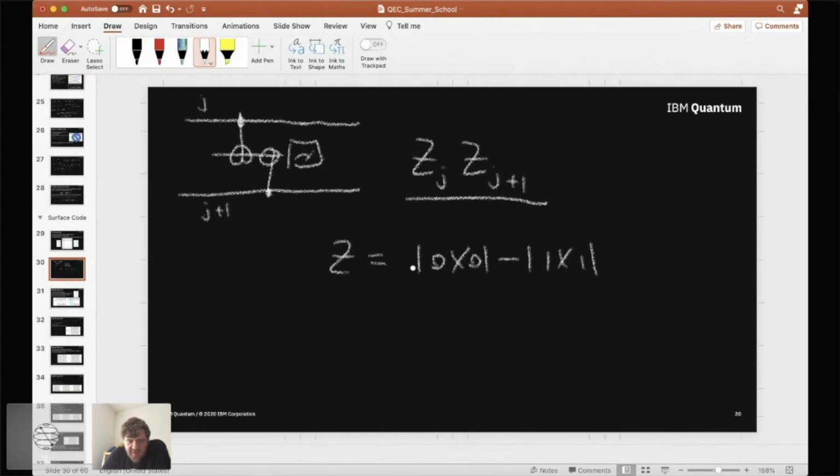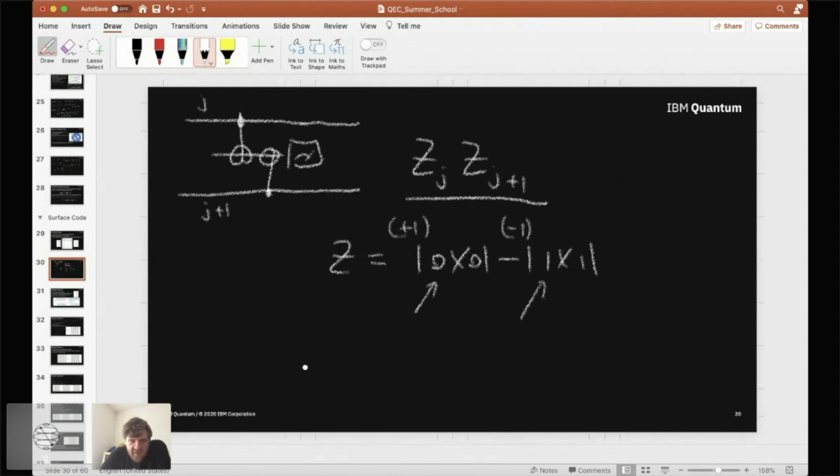It's an operator with eigenstates and eigenvalues, and the eigenstates are 0 and 1, and the eigenvalue for 0 is plus 1, because there's a factor of plus 1 here, and the eigenvalue for the 1 value is minus 1. The fact that these have different eigenvalues is why they give us different results when we measure them.